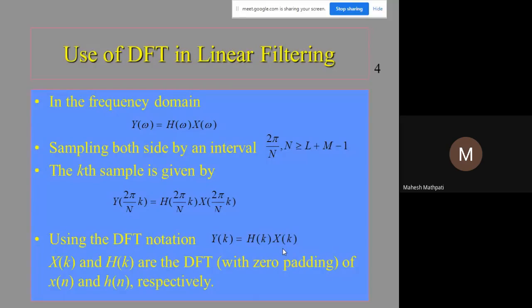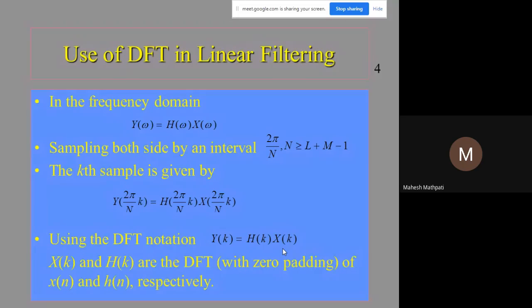Can anyone tell me why we have to go for the sampling here? This part I have already covered. Nothing new I am telling you. Just with different proper notations we are writing it. Why are we sampling here? Can anyone tell me?